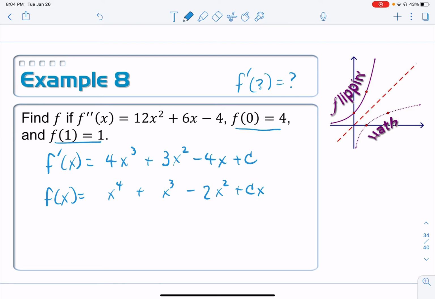And then you need another constant of integration. Since I ran out of c's, I'll just use a d. Constant of integration is now a d. All right, there we go.